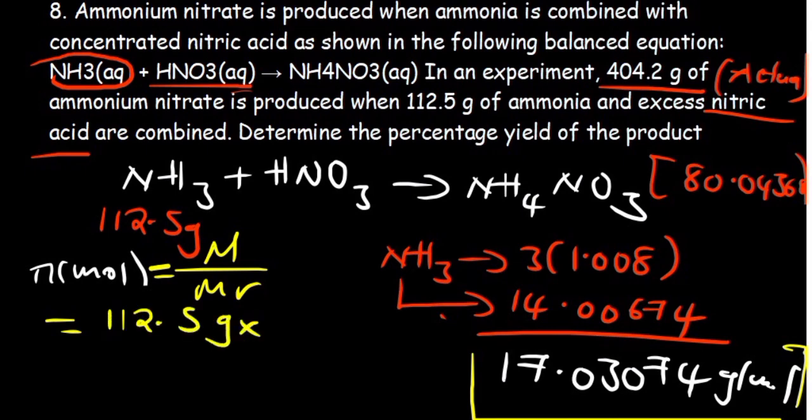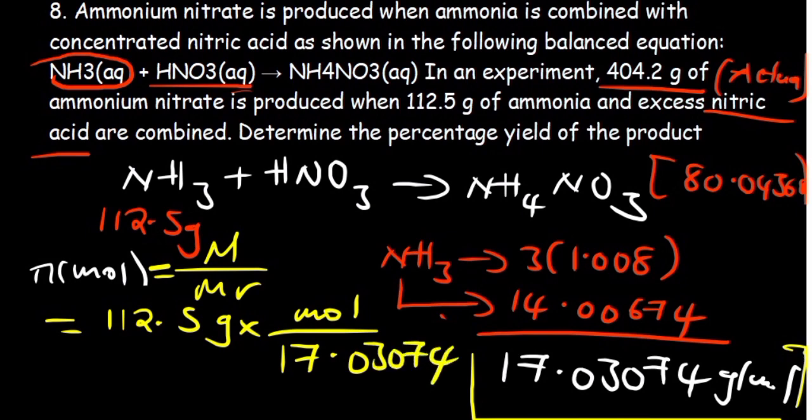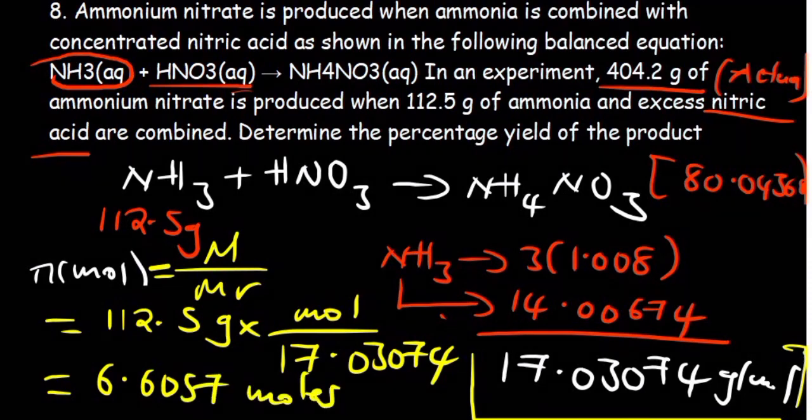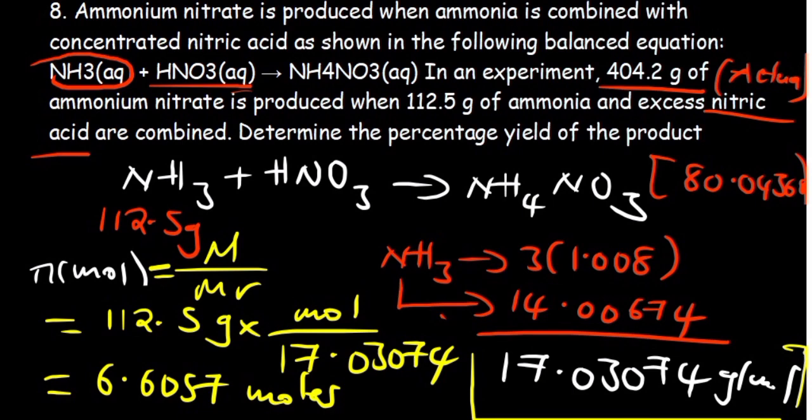So we need to divide by 17.03074. So 112.5 divided by 17.03074. I'm getting 6.6057 moles of ammonia reacting in that reaction.